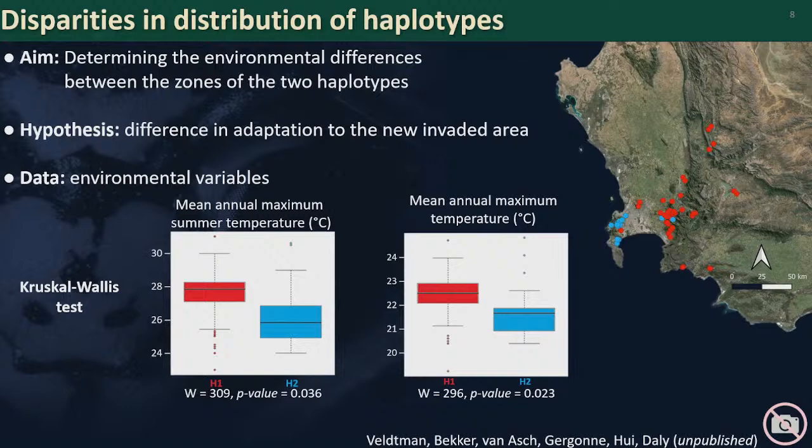So the hypothesis is that, for example, the red haplotype may come from the south of Europe or the Mediterranean region where the temperatures are hot, and maybe the blue haplotype comes from more the north of Europe where the temperatures are lower.